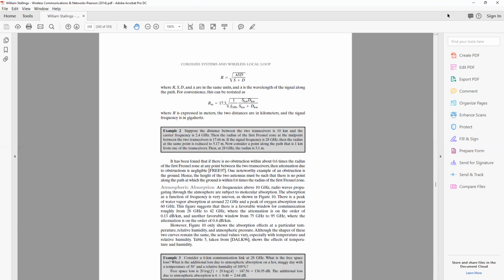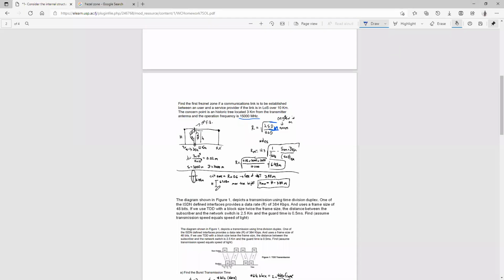So we know it shouldn't be within 0.6 times the radius of the first Fresnel zone.